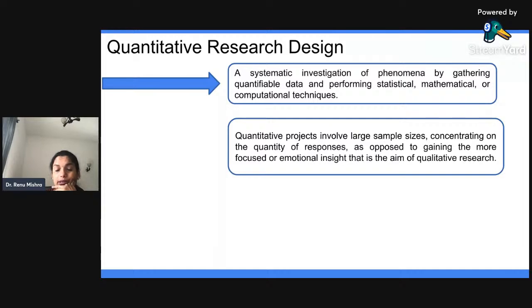Somebody is asking me, can you tell me a confounding factor in short with examples? Confounding factors are those factors which impact both the independent and dependent variables.